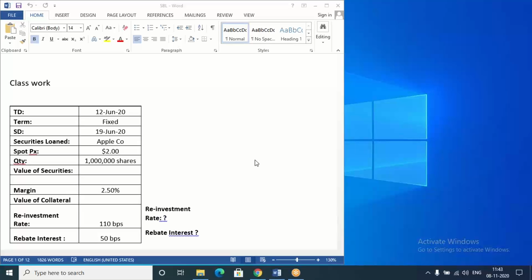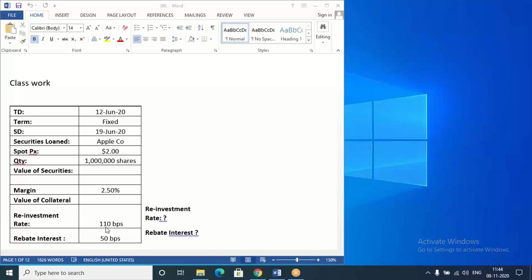You keep missing some zeros in your answer. Okay. What's the rental fee? The rental rate is 60 BPS, and the rental fee would be 12,000. So the rental fee that is charged here is 12,000.